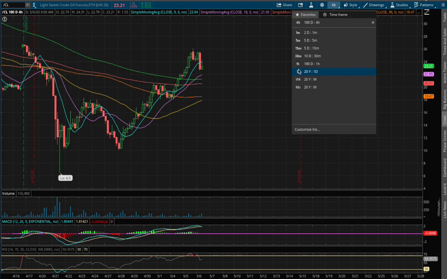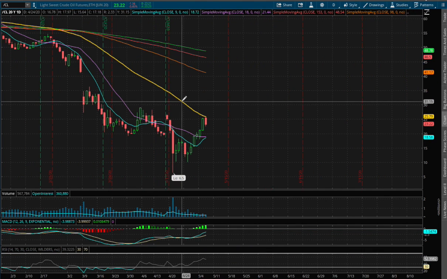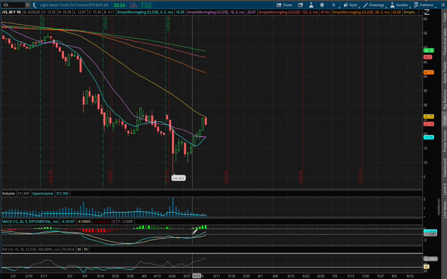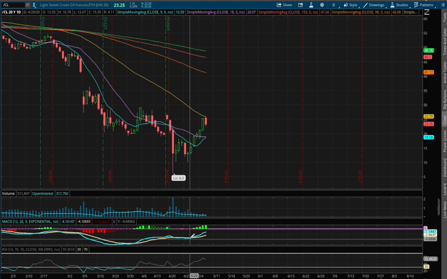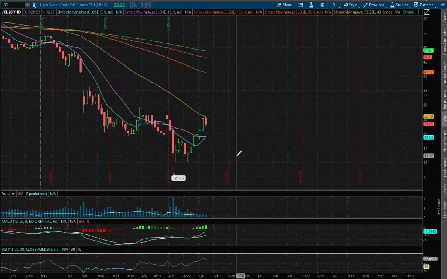And as for the daily chart, if we expand out further, we are encountering resistance on the 50-day moving average, this yellow line. And at the moment, the uptrend is still quite healthy. We do not see a divergence on the daily MACD. So we may see a possible retracement and find possible support in the meantime.